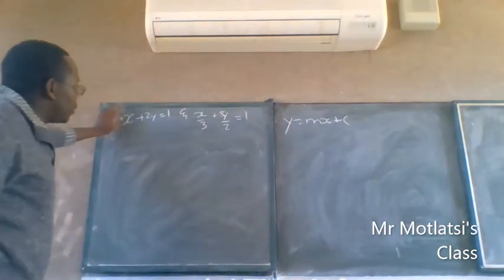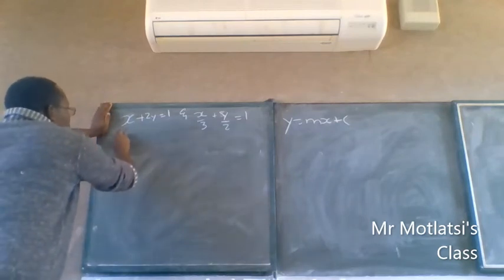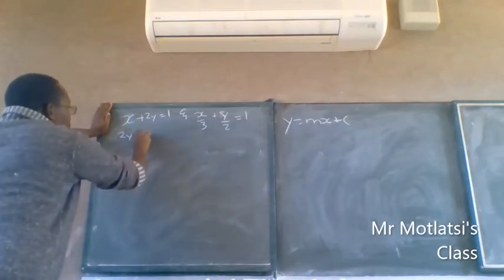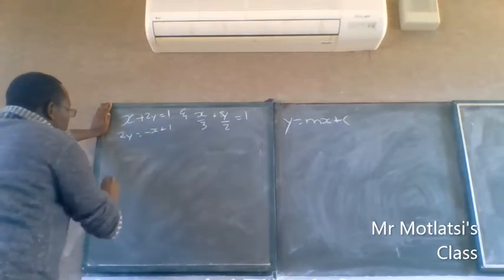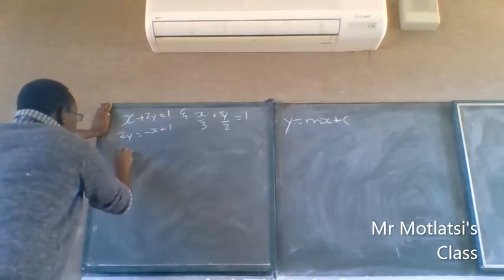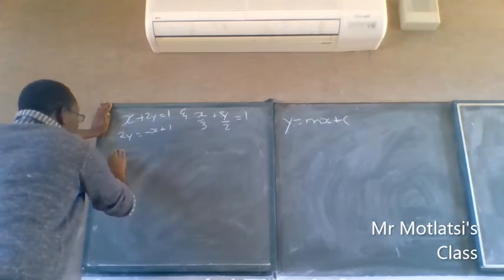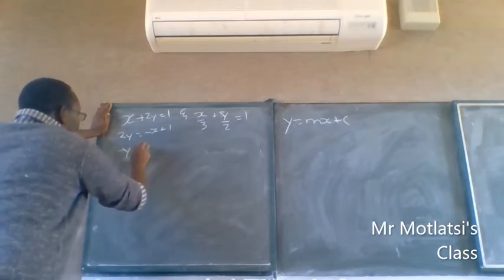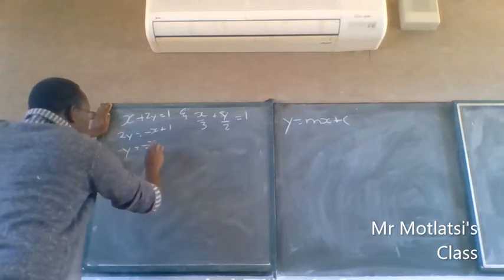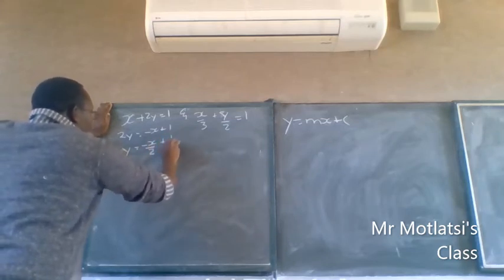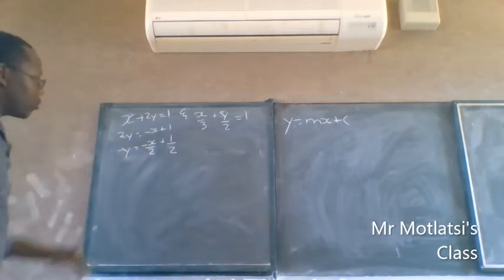The first one, you have 2y is equivalent to minus x plus 1. And then y is equivalent to minus x over 2 plus 1 over 2.